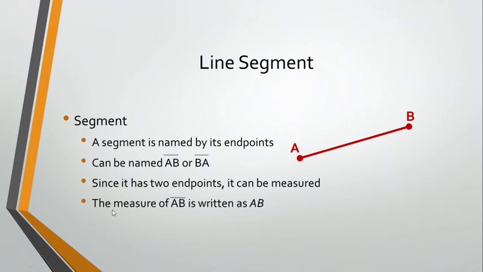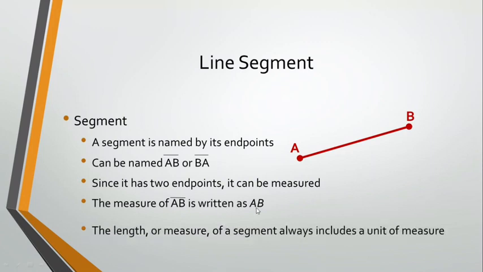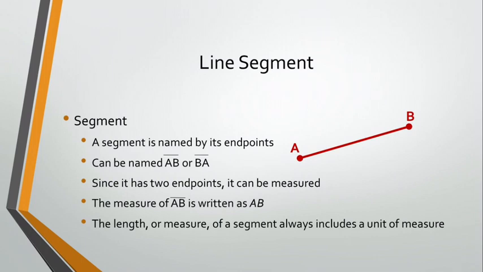Again, the measure of segment AB is written as the capital letters AB with no symbol on top of it. This means you are looking for a number answer. The length or measure of a segment always includes a unit of measure. So the unit of measure, again, is inches, feet, yards, centimeters, millimeters, and it could also just be U for units.